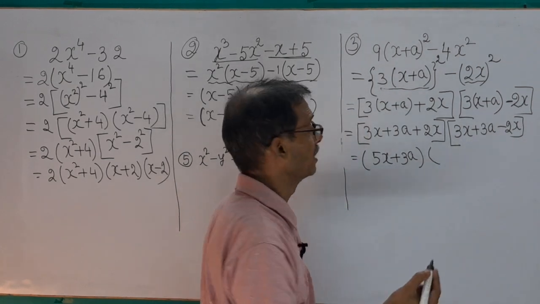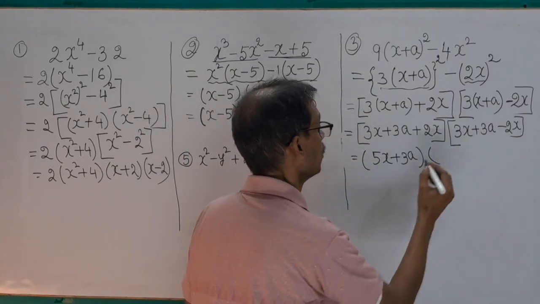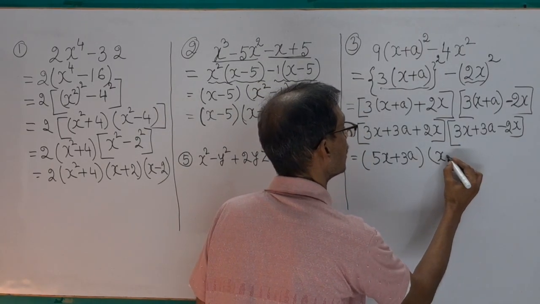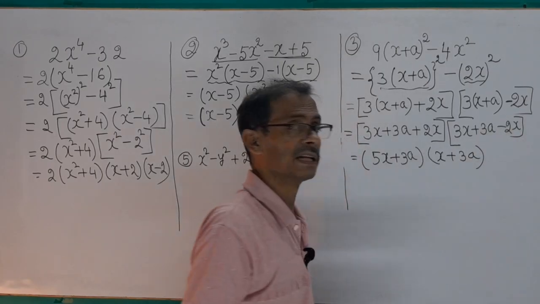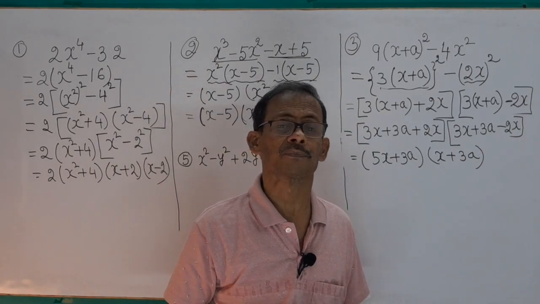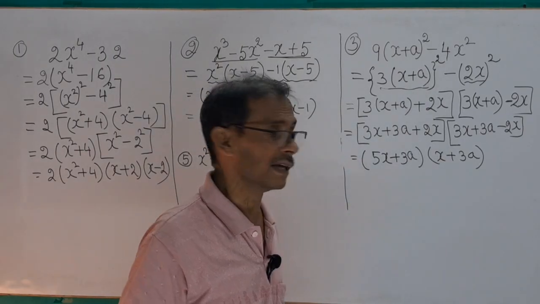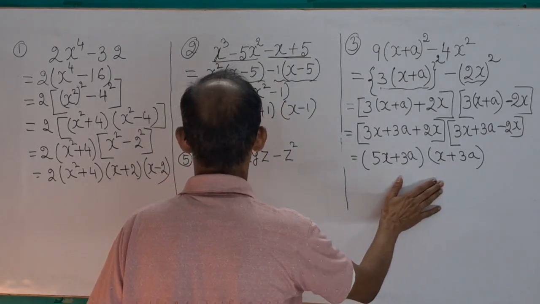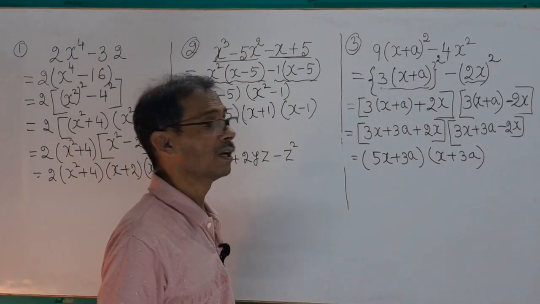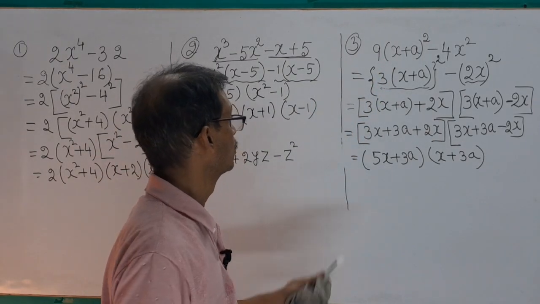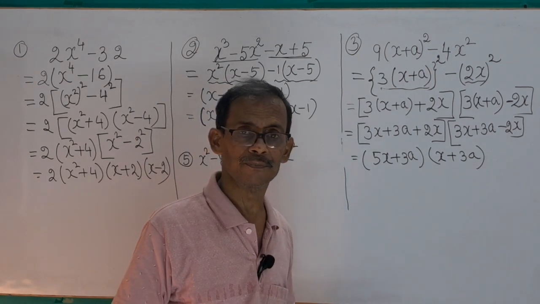Here also I am finding like terms, but 3x minus 2x is x plus 3a. Some people say 3x minus 2x is 1x, nothing wrong, but usually we write 1x as x. So this is the factorization of 9 into x plus a whole square minus 4x square equal to 5x plus 3a into x plus 3a.